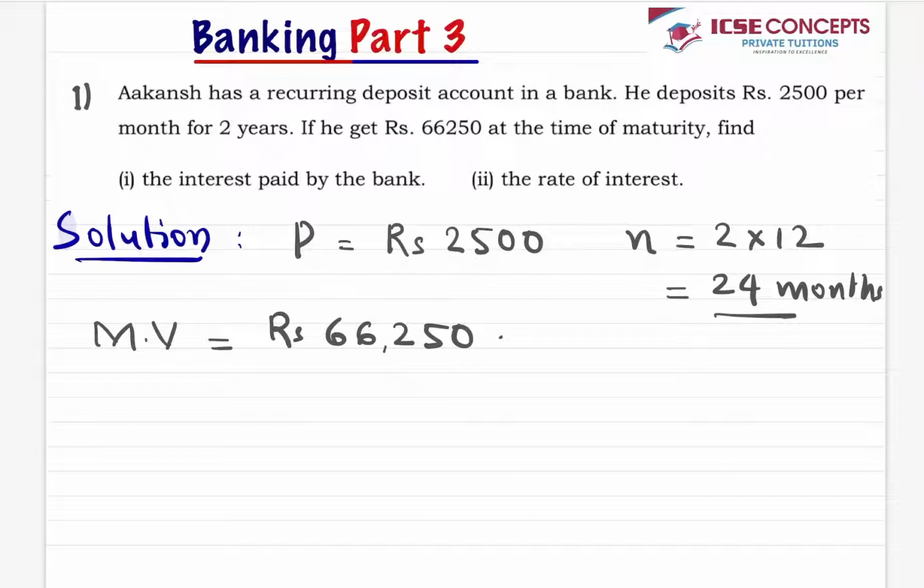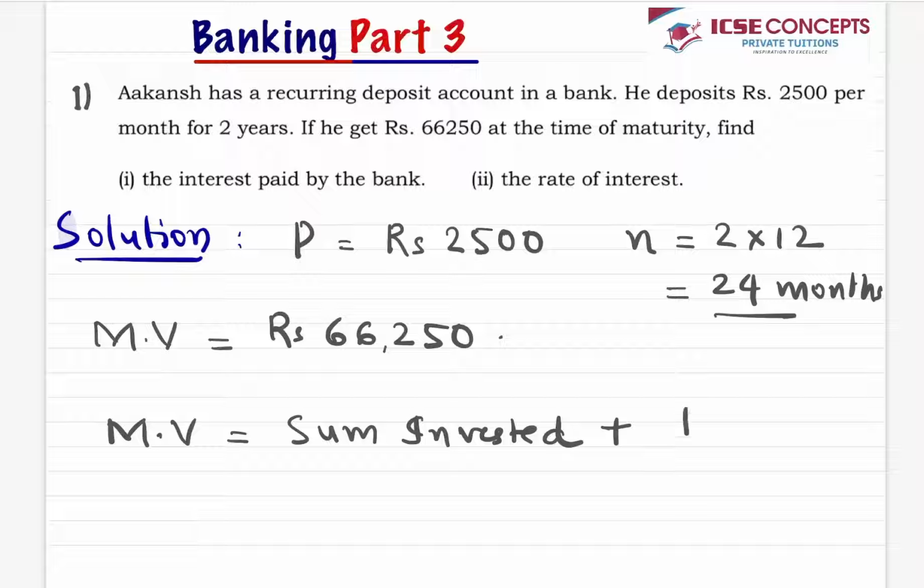Your question is find the interest paid by the bank. Now you know the maturity value is equal to the sum invested plus the interest, right? So maturity value 66,250 is equal to, now tell me what is the sum invested.